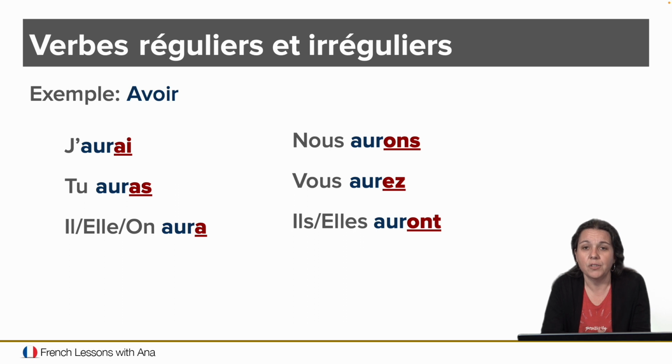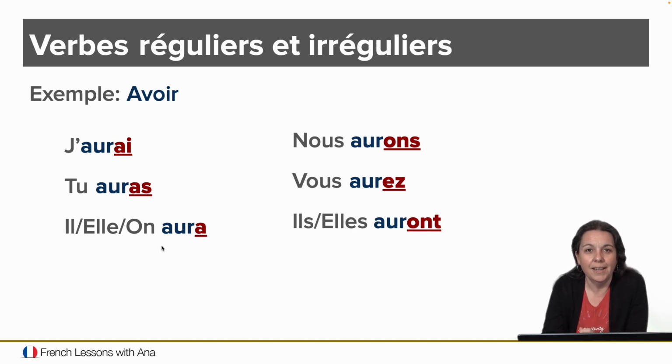We saw that avoir changes to aur, A-U-R, and when you conjugate it, becomes j'aurai, I will have, tu auras, you will have, il aura, he will have, elle aura, she will have, on aura. But this here, this on, notice there's an N followed by an A. So we need to do that liaison that almost makes them sound like one word. On aura, okay? On aura, so we will have.